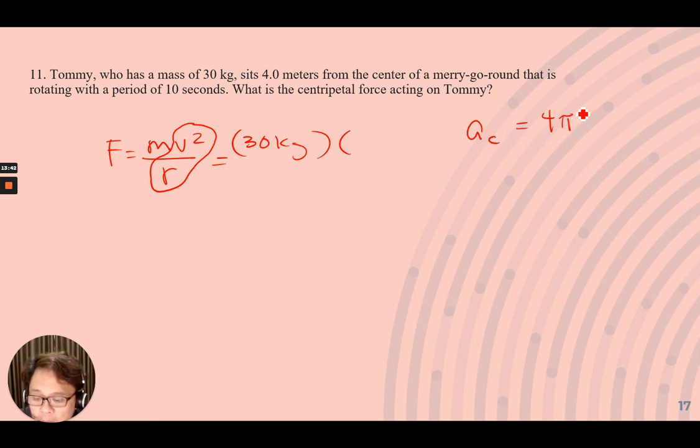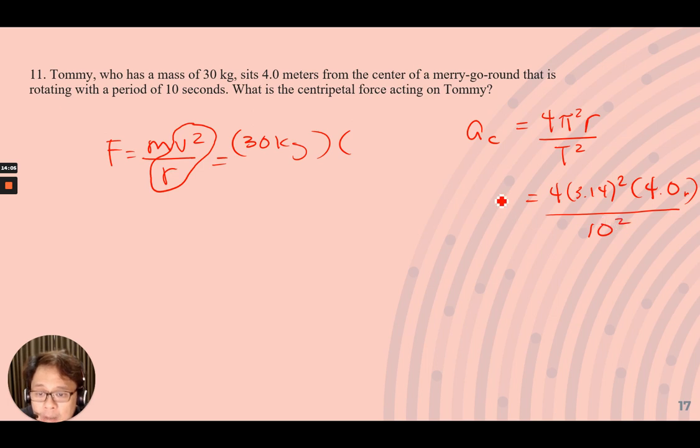Remember this formula from the second slide? a sub c is equal to 4 pi squared r over t squared. So 4 times 3.14 squared times the radius, 4.0 meters, divided by the time, 10 seconds, 10 squared. That would be our a sub c.